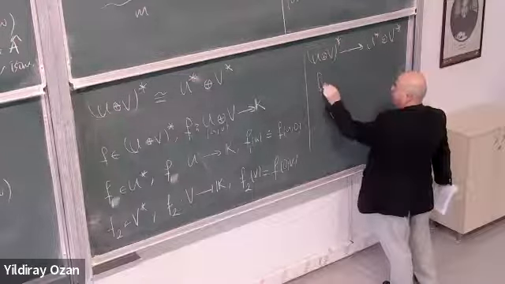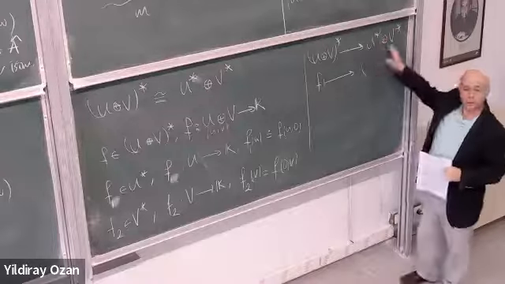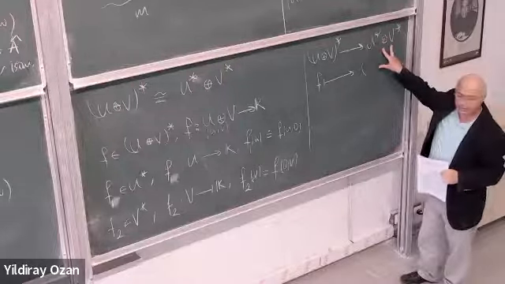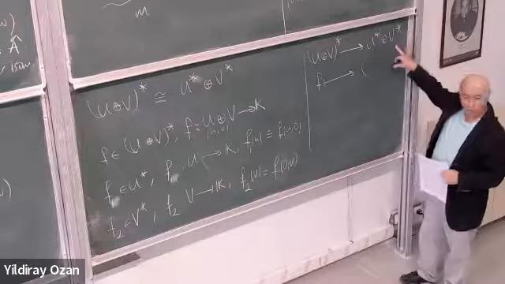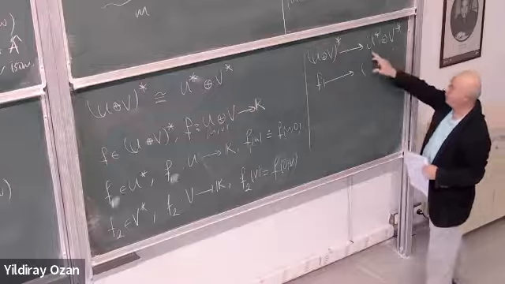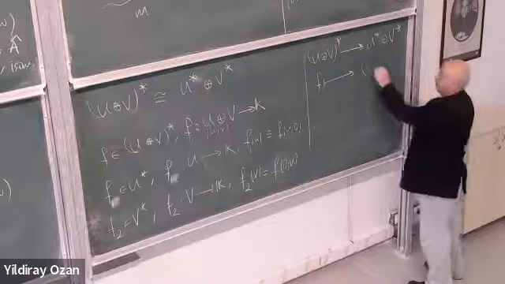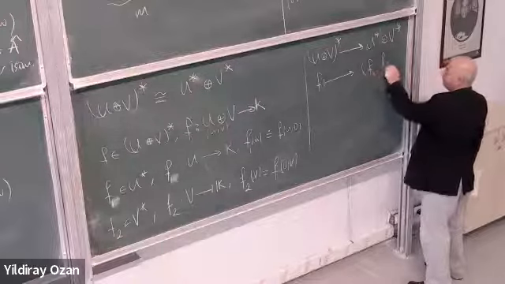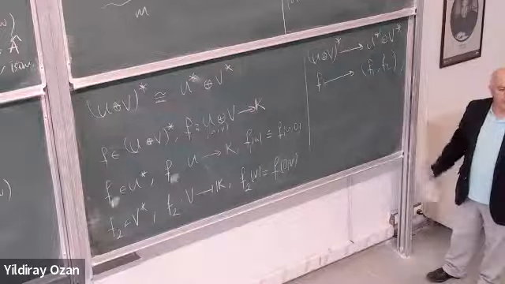I have f here. I will send it to where? I should send this to a pair of two elements: one dual element on U, one dual element on V. So can you tell me a pair? f1, f2. Right? This is the map. Okay.